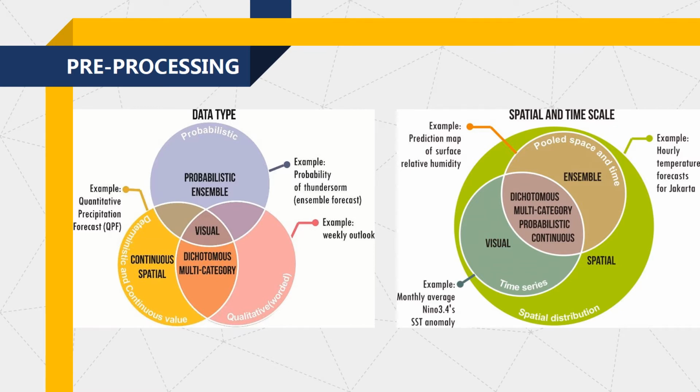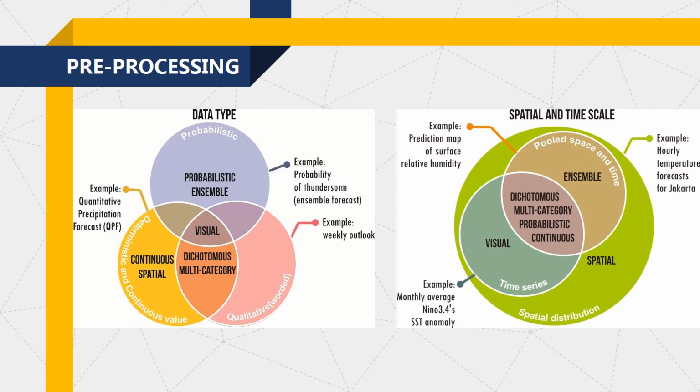And the second is qualitative or worded data, like weekly outlook or narration data, or text-based information. We can use dichotomous method, multi-category method, and visual method to verify this data type.